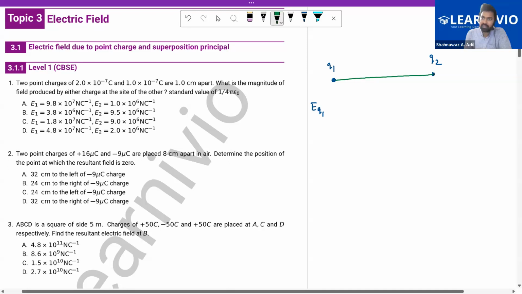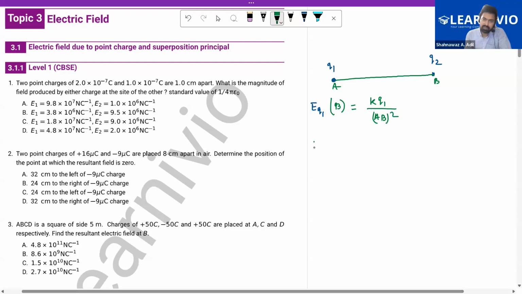Absolutely correct. So we are calculating E of Q1 at this point. Let's name these points A and B, so we are calculating at B. This would be simply K Q1 divided by this distance AB square.